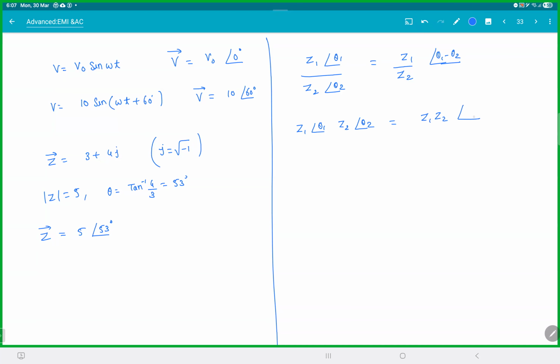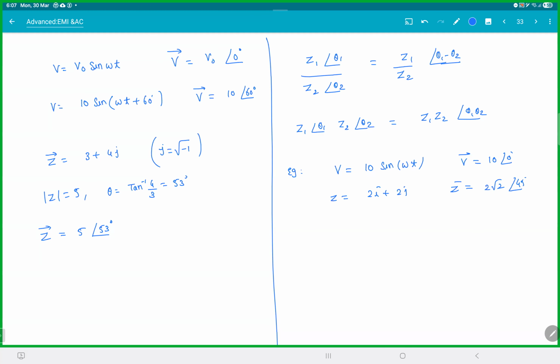For example, let's say we have a voltage phasor 10 sine omega t, and let's say the impedance is 2 plus 2j. When I write the phasor form, v bar will be 10 angle 0 degrees, and z will be 2 root 2 angle 45 degrees.